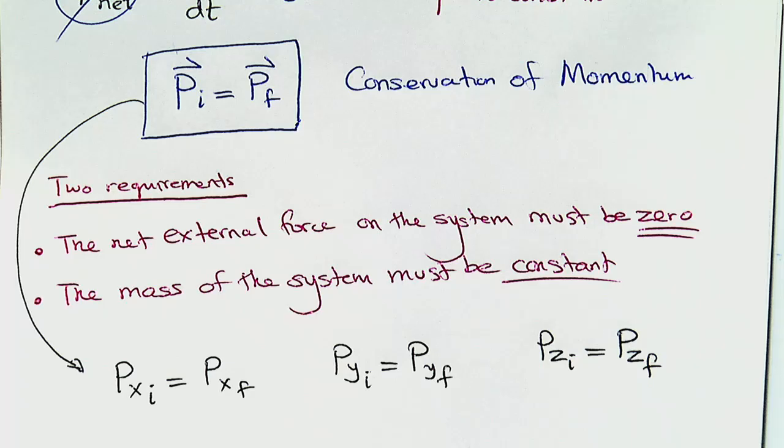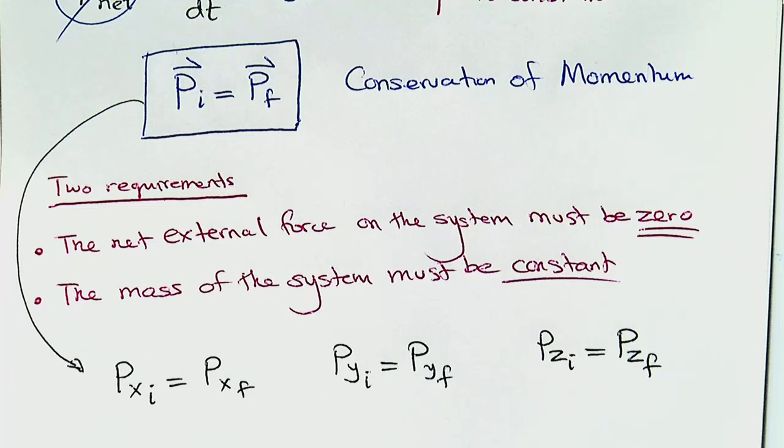So no, it's not necessary for the velocity to be constant for the individual particles. It's that the momentum of the system as a whole before has to equal the momentum of the system after. So long as you have the same stuff on the table, let's say, the same amount of balls that you're playing pool with, then the requirement isn't on velocity, the requirement is on momentum as a whole.